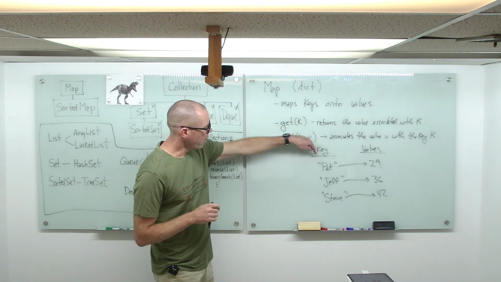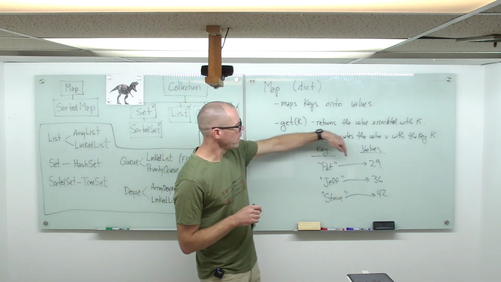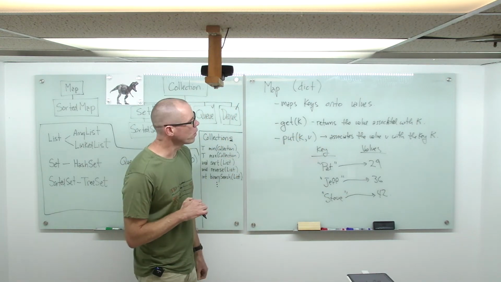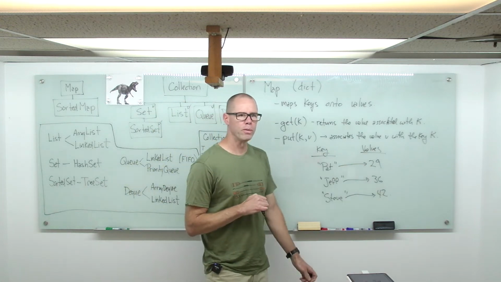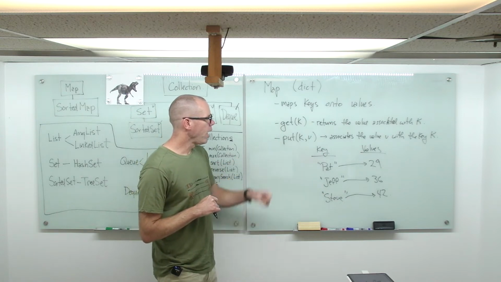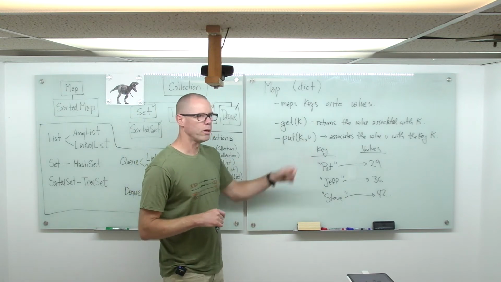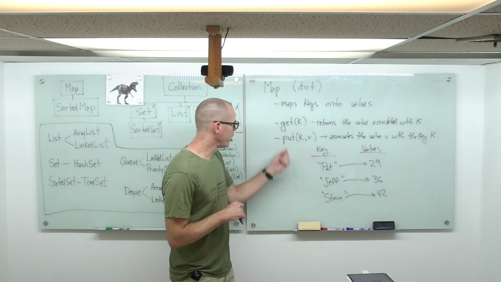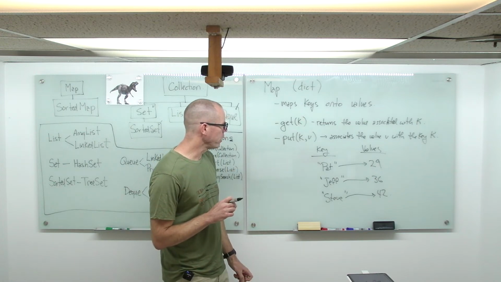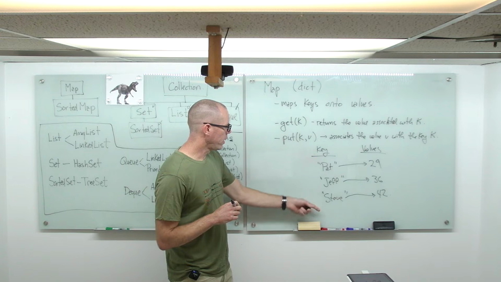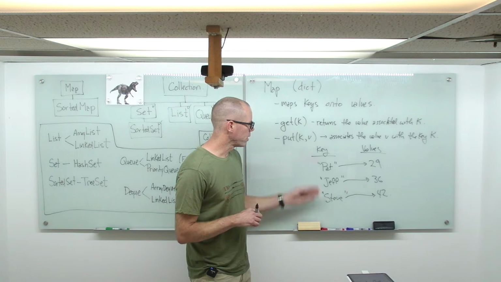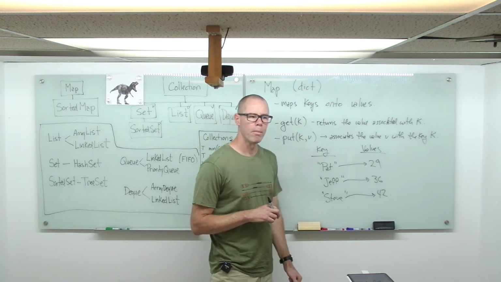It associates with each key exactly one value. You get to choose the type of keys that you store, and you get to choose the type of values that you store in your map. You can get the value associated with the key, and you can associate a particular value with a key. But in order to get it, of course, it should already be in there. So if I ask to get the value associated with Irene, then I'll get an exception because Irene is not in this particular map.